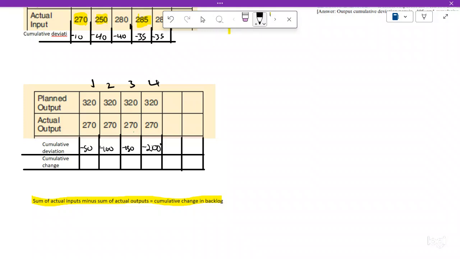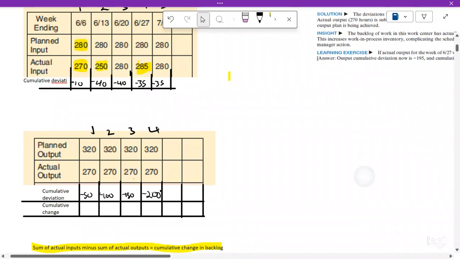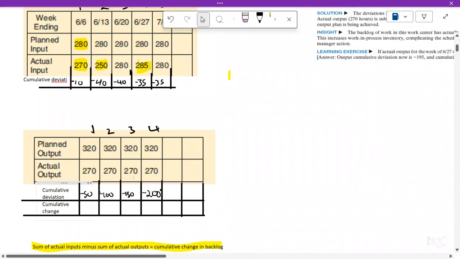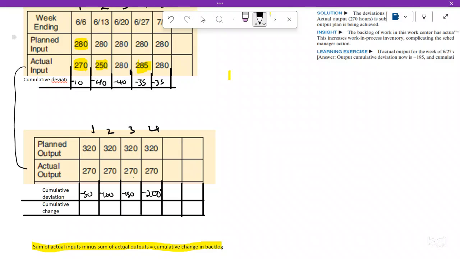Okay. Then now we want to know the cumulative change, of I think it's actual input minus actual output. So now we are going to compare these two.